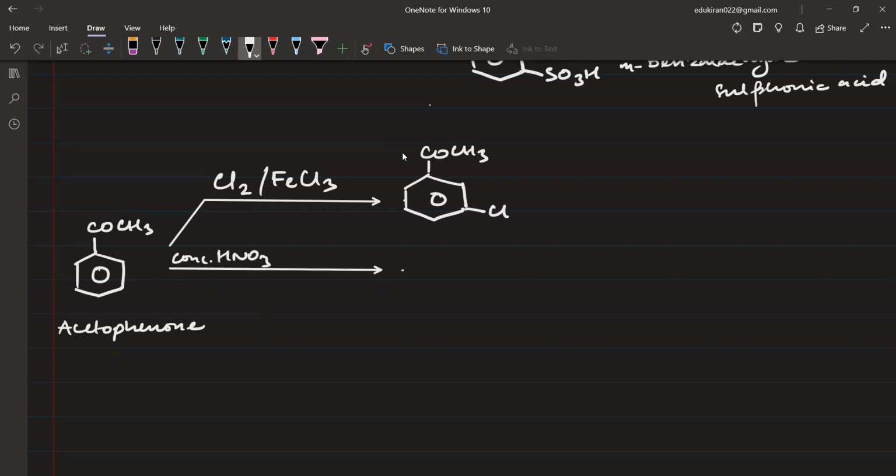Concentrated HNO3 in the presence of concentrated H2SO4.